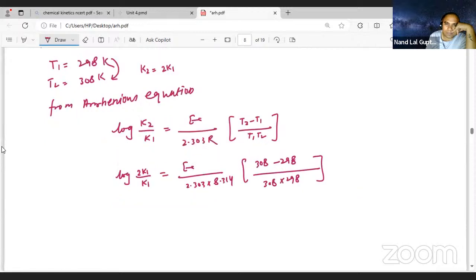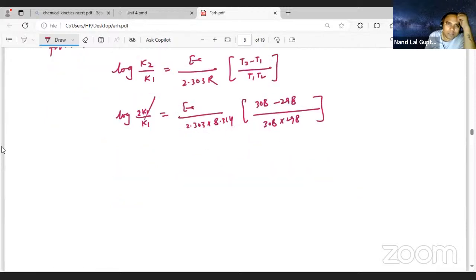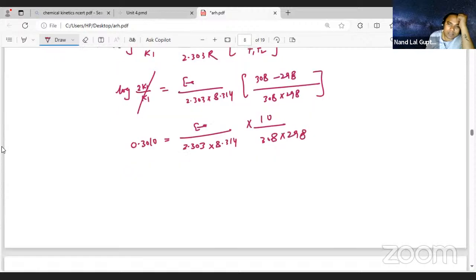This cancels out, student. Log 2 value 0.3010 equals activation energy upon 2.303 multiplied by 8.314, and here 10 comes, divided by 308 multiplied by 298.